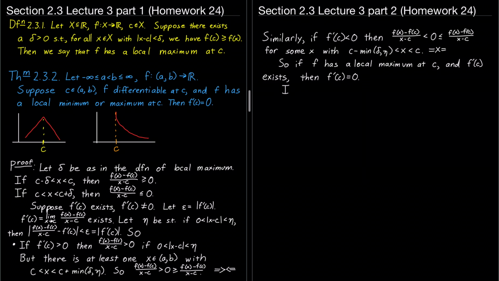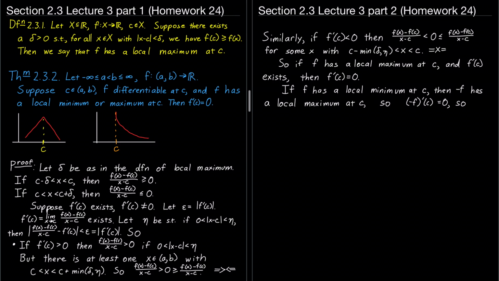And then if f has a local minimum at c, then minus f, that's the function where you would take f of x and multiply by minus 1, has a local maximum at c, so minus f prime of c equals 0.